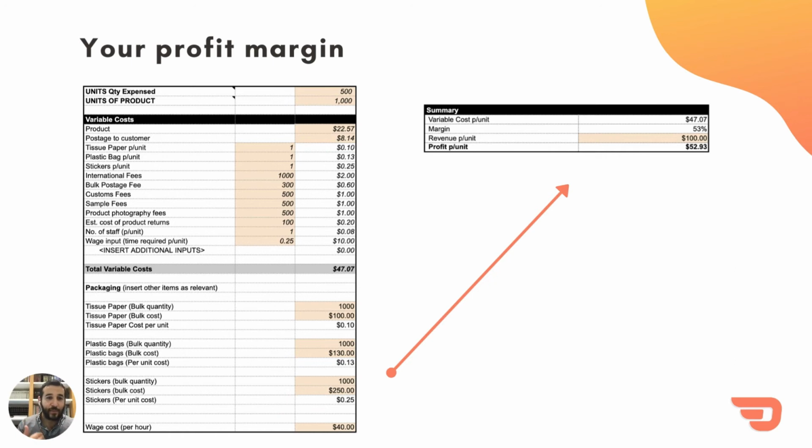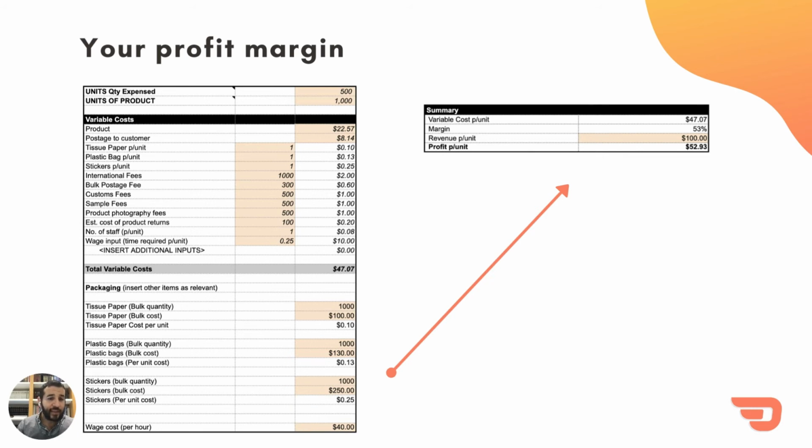And it doesn't stop there at the number of staff, but it'll ask you for the wage input. So that's asking you for what percentage of an hour of that person's time is required to put together that product. So in this case, we're assuming it's 0.25.